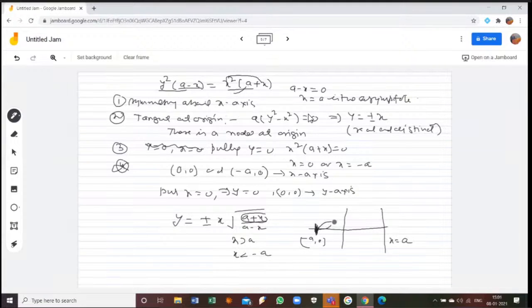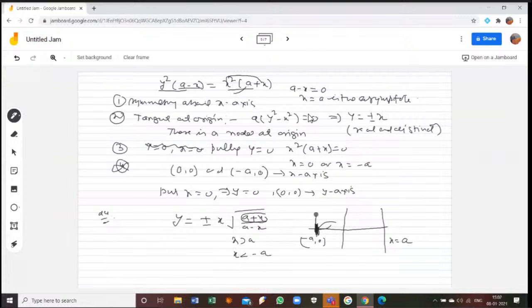So you can find out dy by dx at this point, and then you will get this parallel to the y-axis.